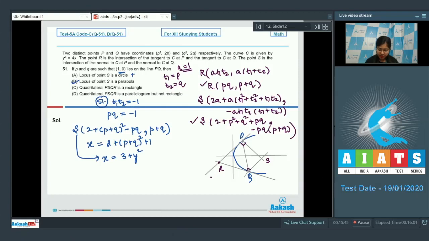Talking about point R, see X coordinate of R is pq, that is minus 1, comma something. So we can see that R is lying on the directrix of the parabola, which means that the angle between the tangents is again 90 degrees, right? So we can say PRQS is definitely a rectangle. So option number C is also correct and B is not correct.